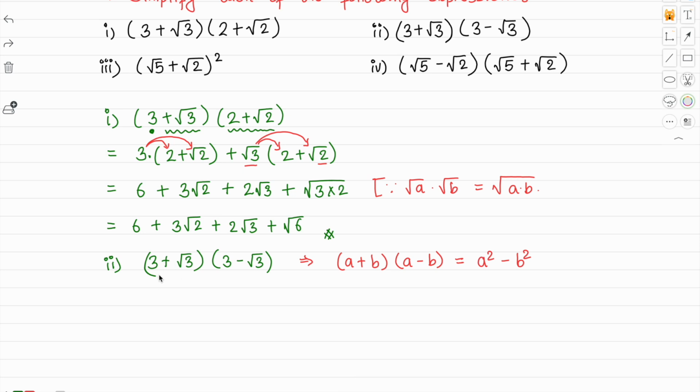In our particular case, our a is 3, right? We have 3, and our b is root 3. So we have a plus b and a minus b. Now we are going to use this formula, a plus b, a minus b is a square minus b square, to simplify this expression.